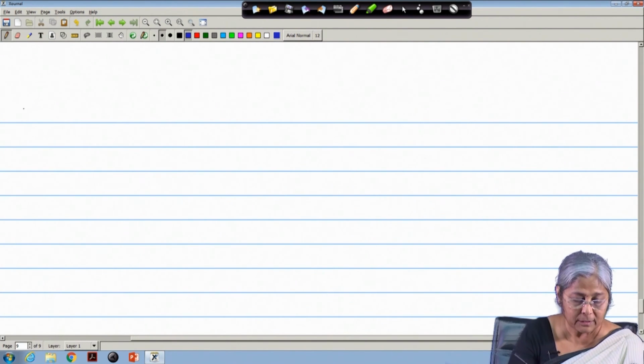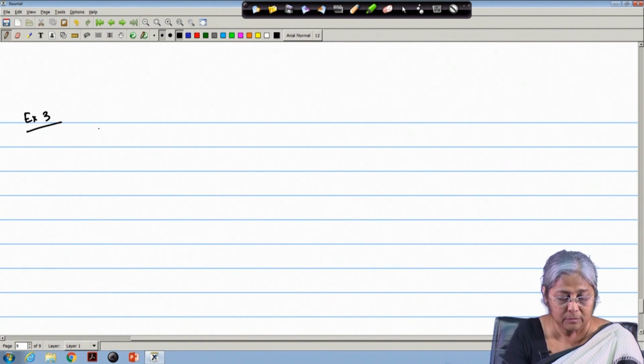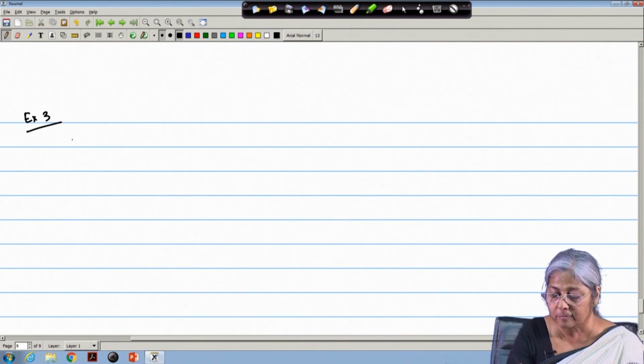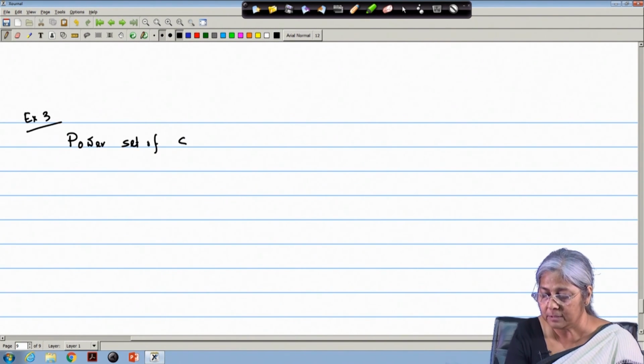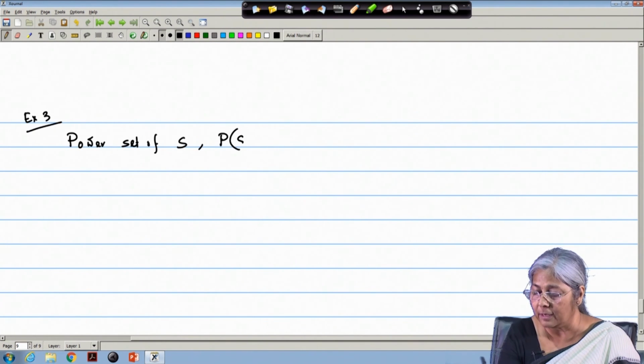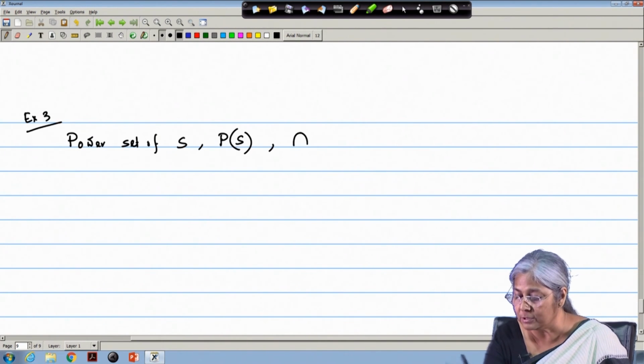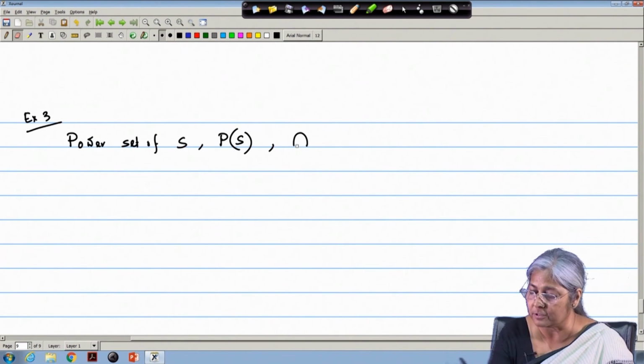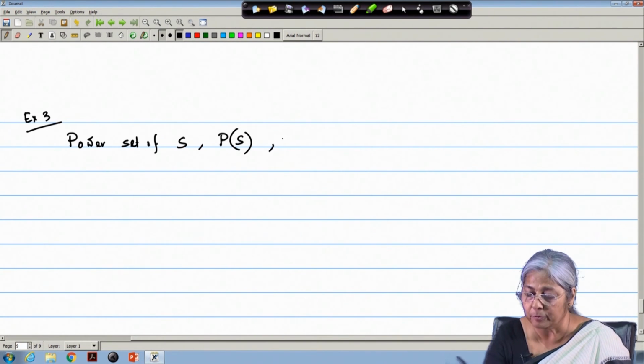So, if I take another example, say we consider the power set of S, which we denote P(S), and the two operations are union and intersection, the sum and product.